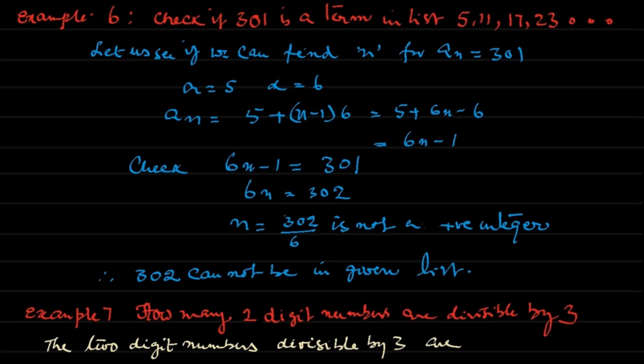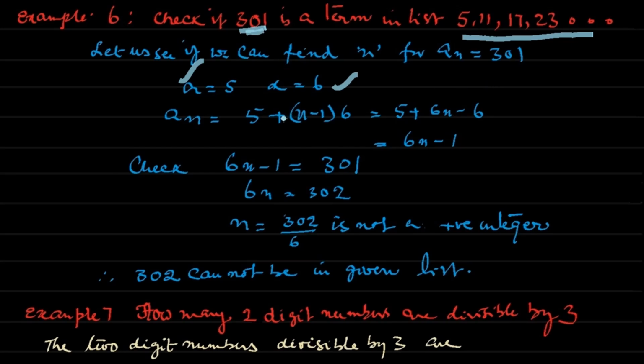Check whether 301 is a term in the list 5, 11, 17, 23. Here the first term is 5. A is 5. D is 11 minus 5, 6. We know a, we know d. So 301, if it is in this list, it should have some n, an integer n.